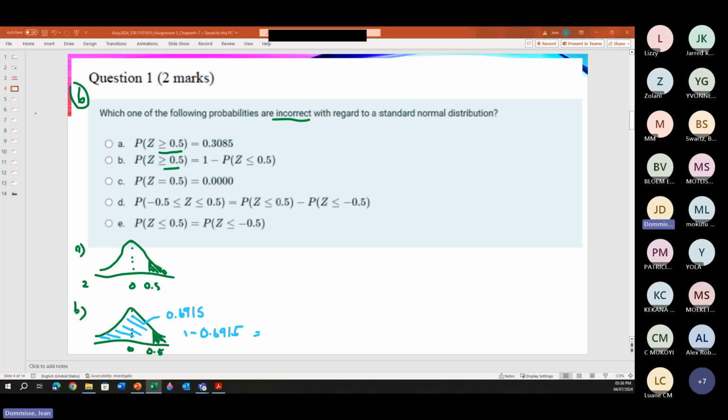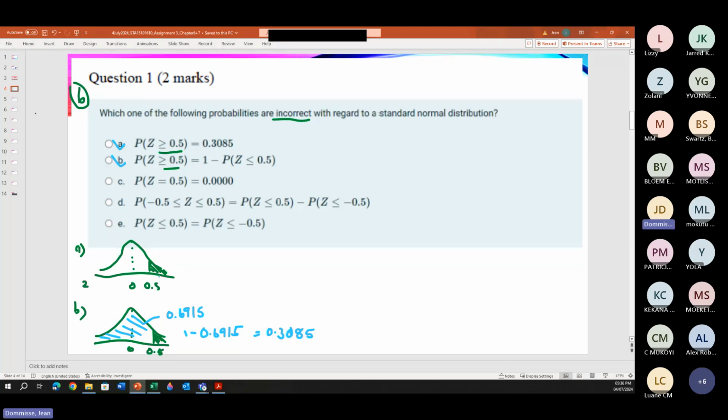So we get 0.3085. That was also the option that we got at option A.